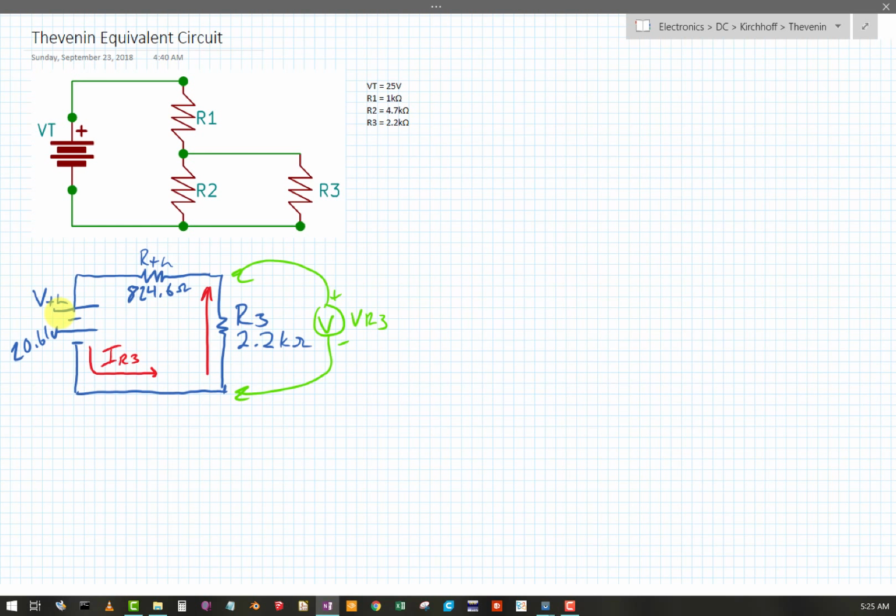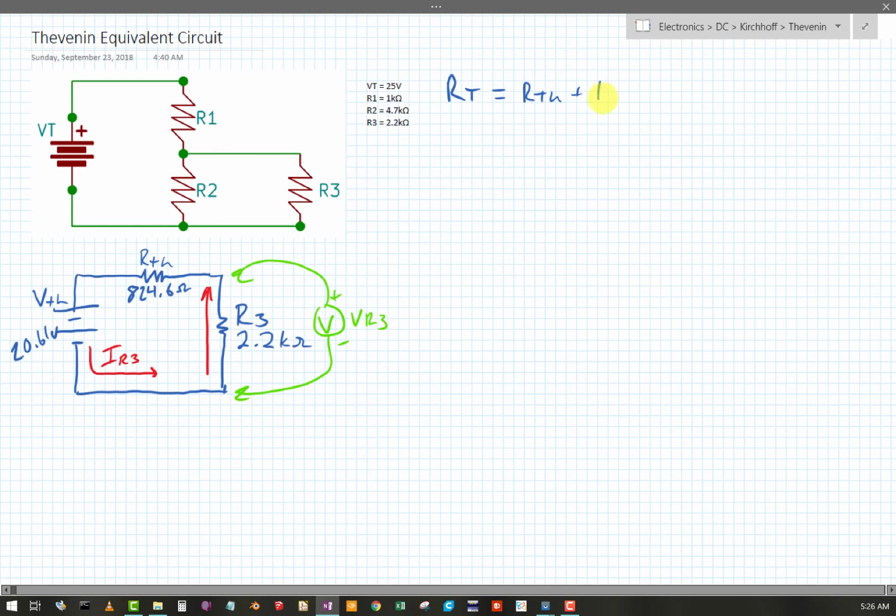So I can find the totals of this circuit. RT equals, now if you have quicker methods for solving this, go right ahead. I just like to show all the steps. RT is going to be R Thevenin plus R3 in this case.